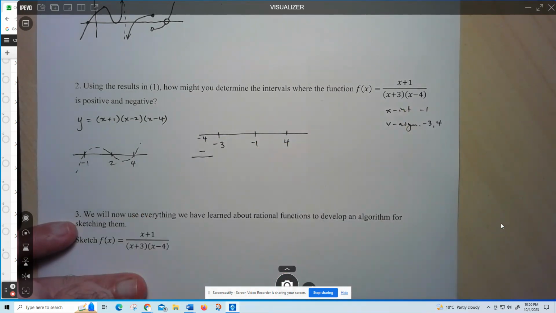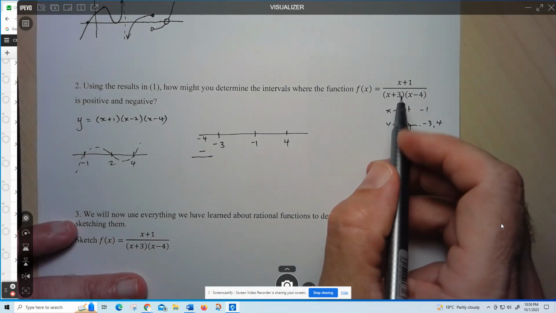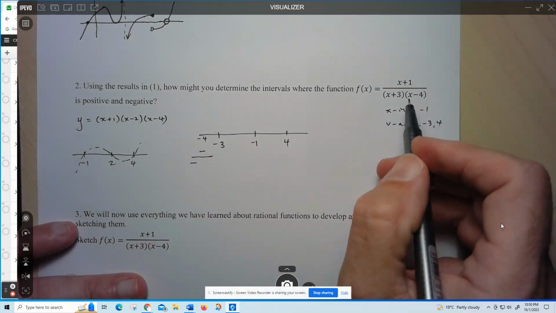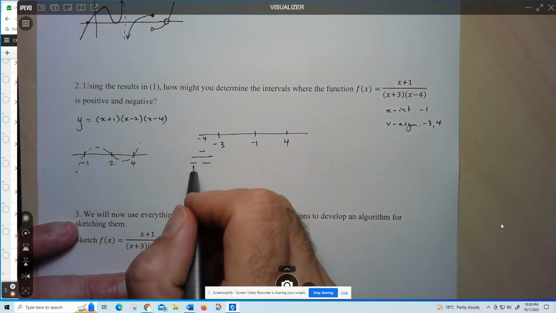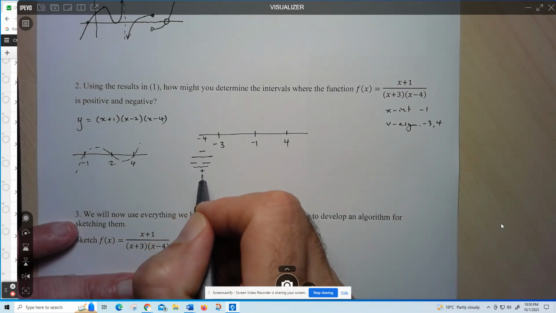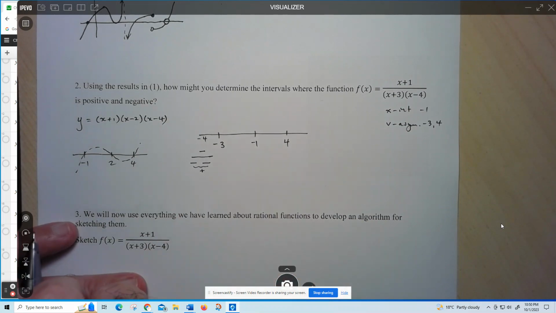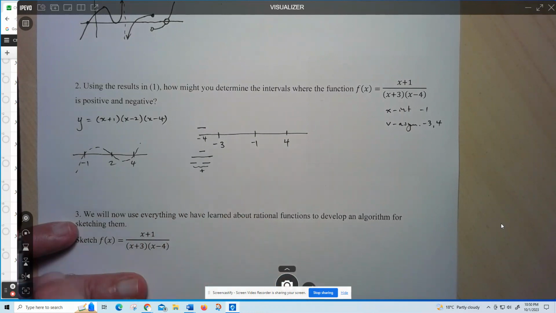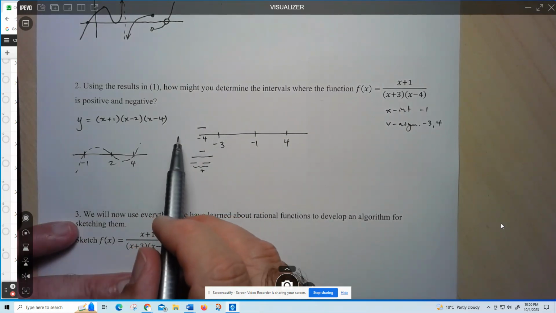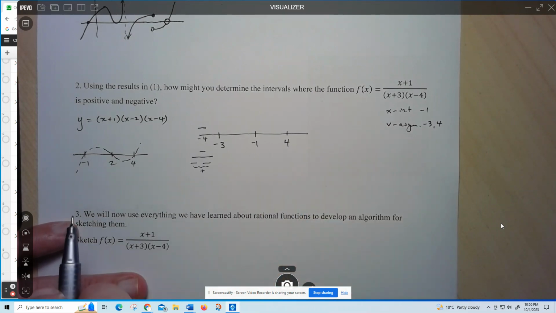And let's go to the denominator. -4 plus 3, well, that's still negative. And -4 minus 4 is again still negative. What happens when I multiply two negative numbers? I get a positive, and now I have a negative number divided by a positive number. That tells me in this whole interval from -infinity to -3, this function must be negative.